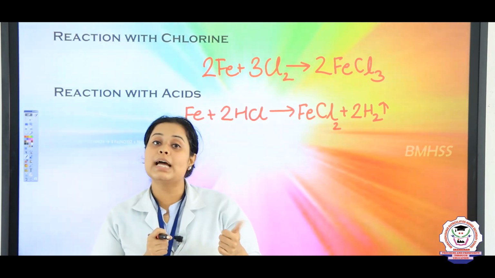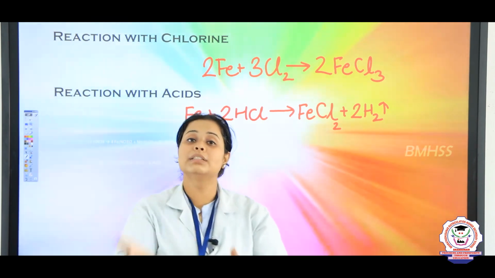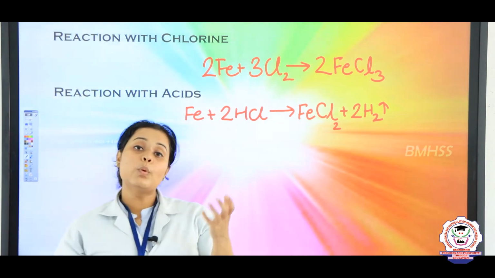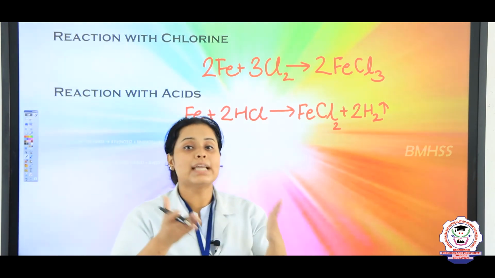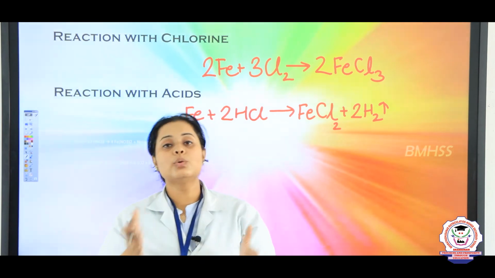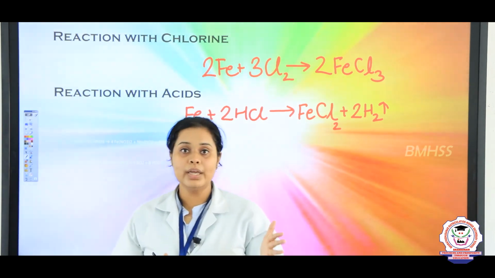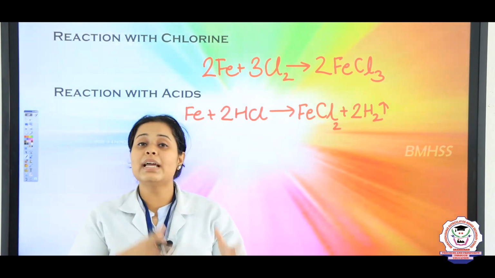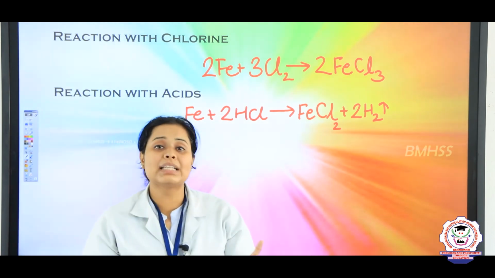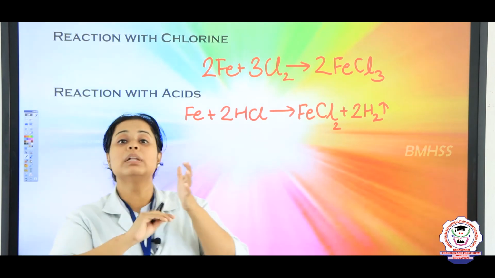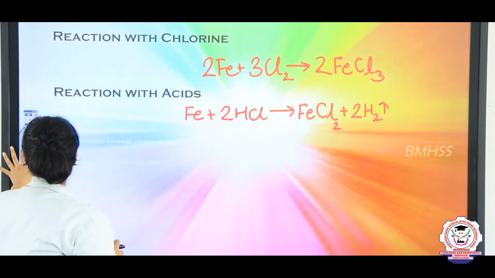Here you will see that there will be some kind of other gases also produced. Okay? So, when you are reacting with concentrated H2SO4, it will liberate SO2 gas. Okay? Same way with concentrated HNO3, it will not react that much, but a whitish layer will be formed.